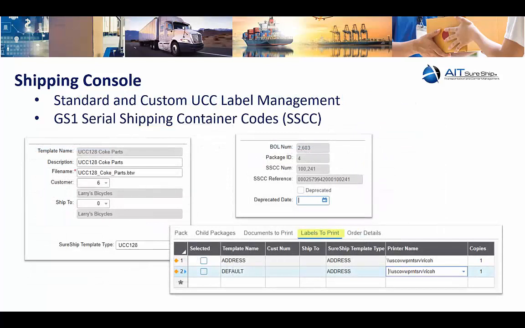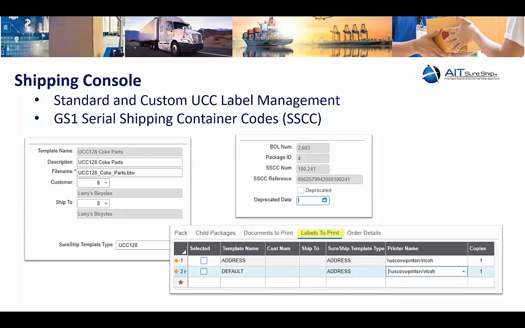We're doing UCC labels. So we do the shipment carrier labels, so the FedEx label, UPS label. But also, if you're shipping with carriers that you're not integrated with, kind of one-off, you still can create and print shipping labels for boxes.